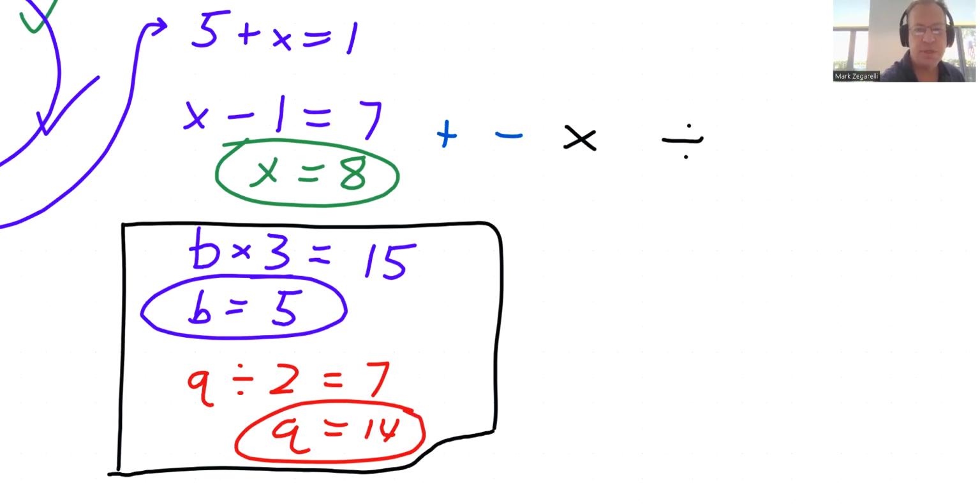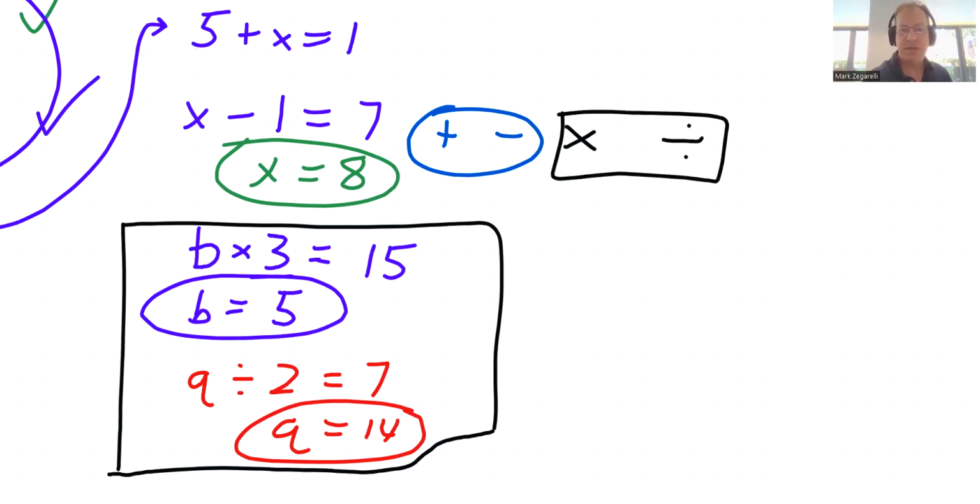We really like those. But we're not at all happy with the others, and why is that? Well, for one reason, this times sign tends to get confusing with the letter X, and X gets used a lot. For whatever reason, X just gets to be the lead variable in all sorts of problems. So we try to move away from that X.